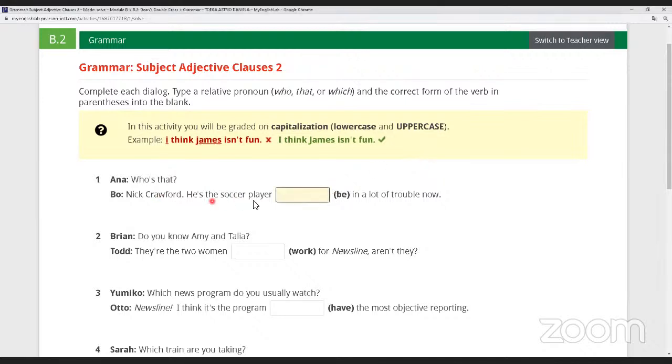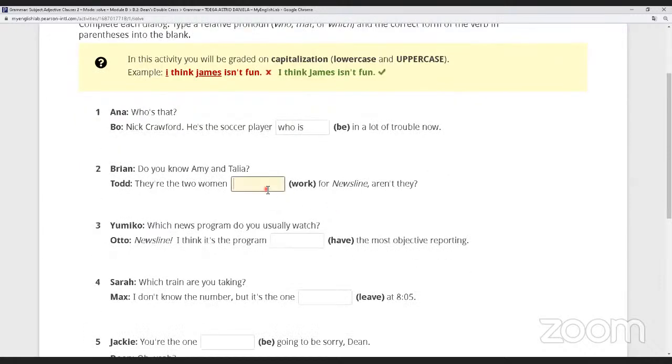He is the soccer player who is in a lot of trouble now. And do you know Amy and Talia? They are the two women who work for Newsline every day. Right.